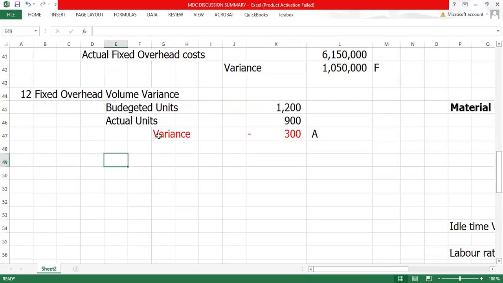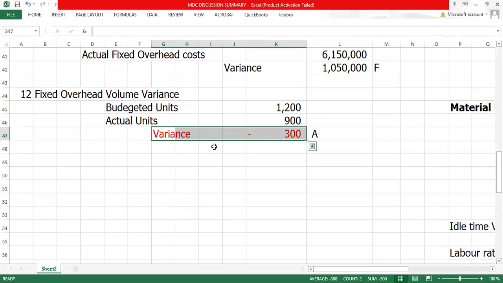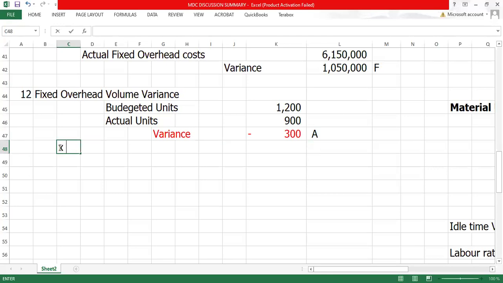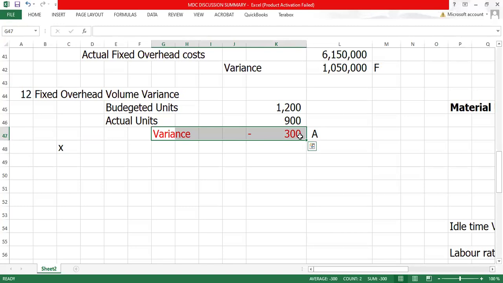Okay, then here we need to convert it into an amount. So we are going to multiply by, and this is where students normally make mistakes. This amount is in terms of what? It is in terms of dresses, isn't it?